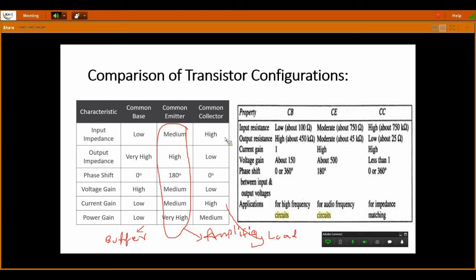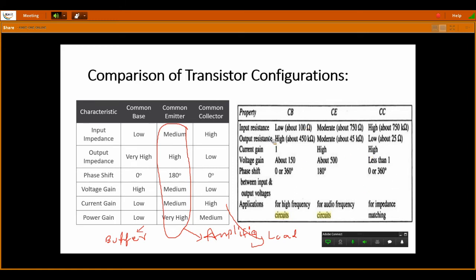So with a finite amount of current, we could drive those devices if we have the highest input impedance. In order to avoid the loading effects, we could use the common collector configuration.